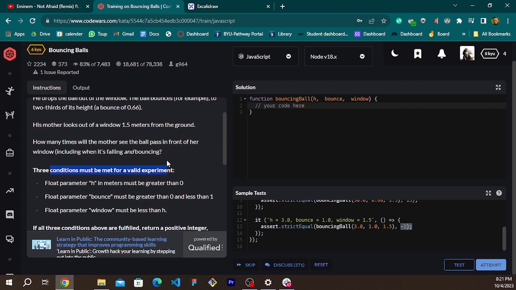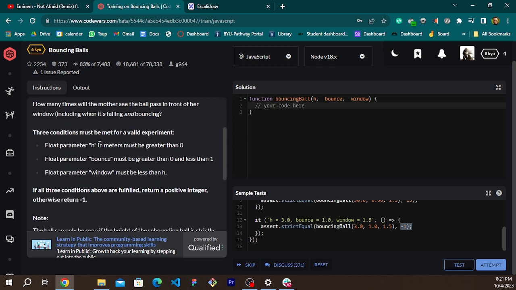So there are 3 conditions that must be met for a valid experiment. Float parameter h in meters must be greater than 0. That's one thing to consider. Then float parameter bounce must be greater than 0 and less than 1. So the bounce must be between 0 and 1, right? It's a decimal.